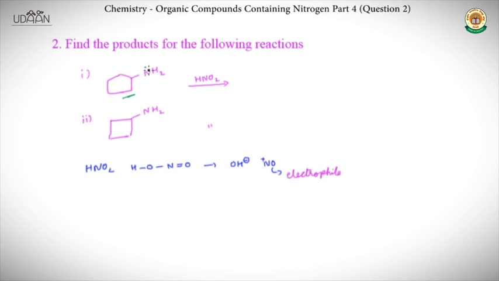Here nitrogen has a lone pair of electrons, if you observe. Now this is a nucleophile and you have got an electrophile.